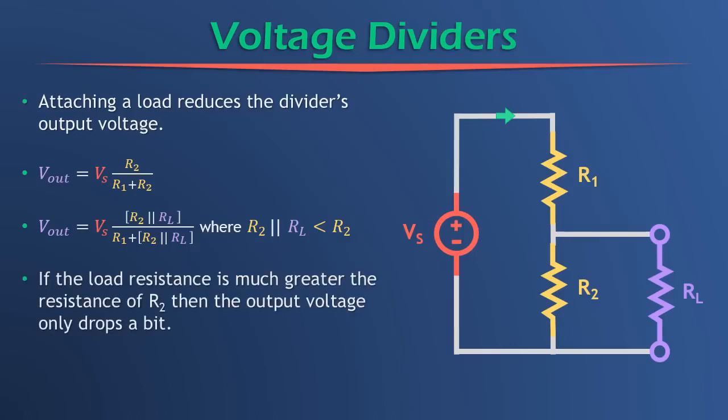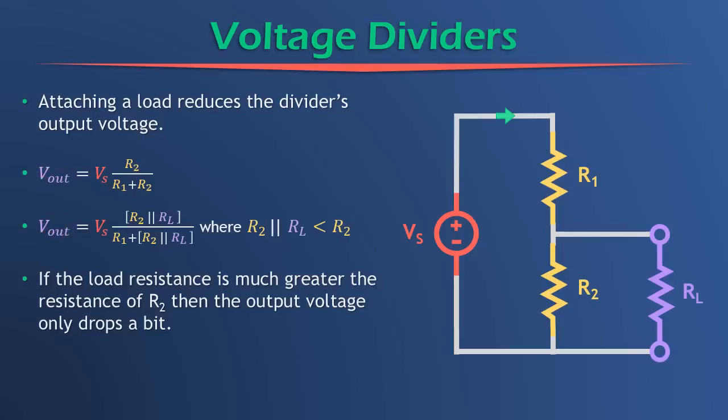Now, if the load resistance, RL, is much greater than the resistance of R2, then the output voltage only drops by a little bit. And why is that? Well, thinking back to the equation for parallel resistors again, adding a big resistor in parallel with a comparatively small resistor will only reduce the equivalent resistance by a small amount. So this resistance will only be decreased by a small amount, and V out is only a little bit smaller than the original V out.